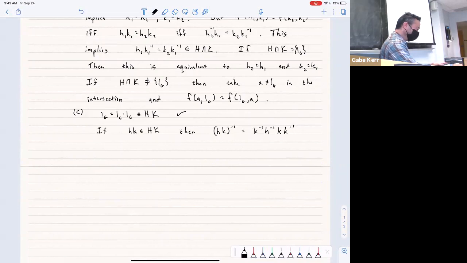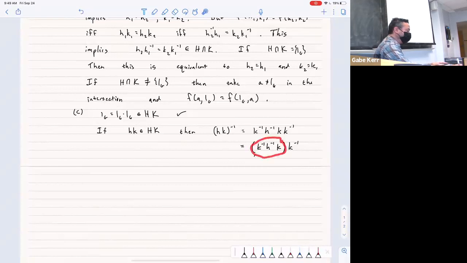It's amazing. This guy now is in H, because this is a conjugate of an element of H. And this, of course, is in K. So we are conjugating by K inverse.